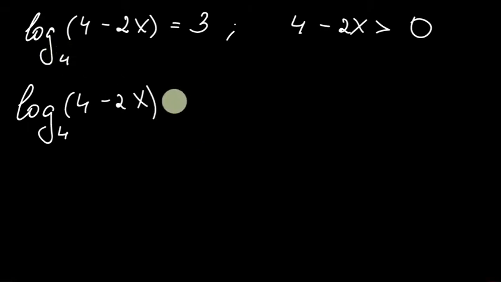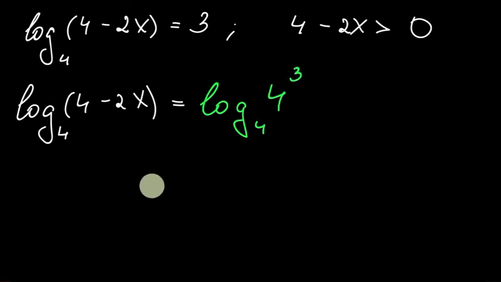So here's what we do. We write log base 4 of 4. This will give us 1. Now if we raise 4 to the third power, after using properties of logarithms, we would get that this is equal to 3. But we don't need to do that, okay? It's not necessary.